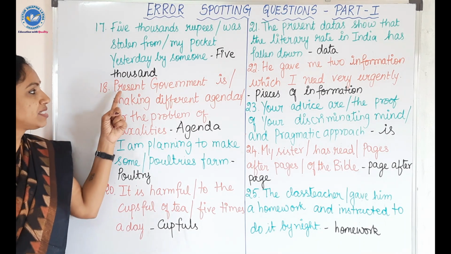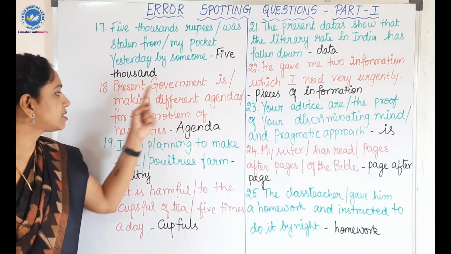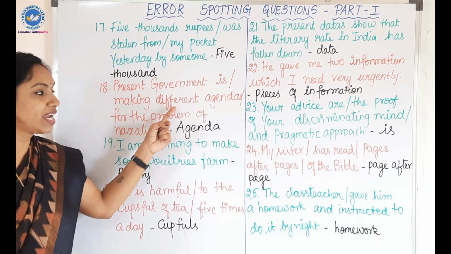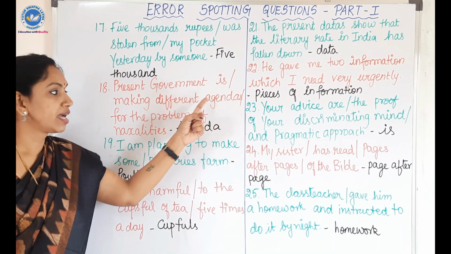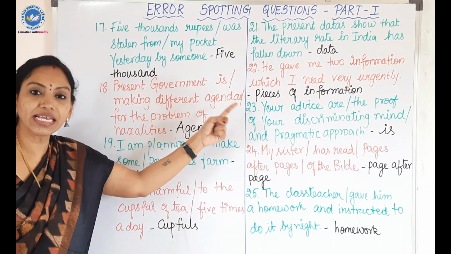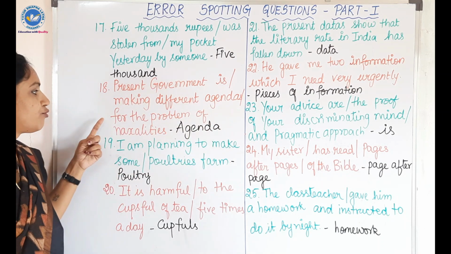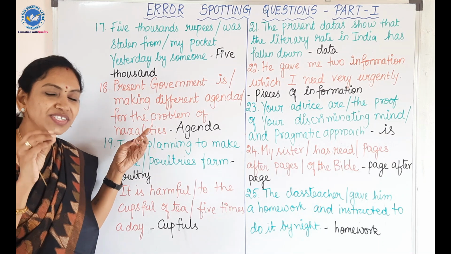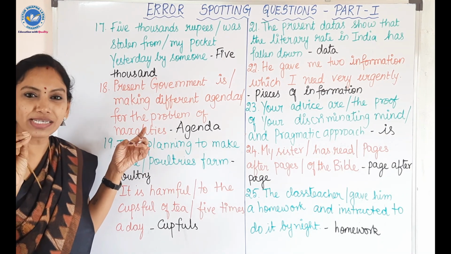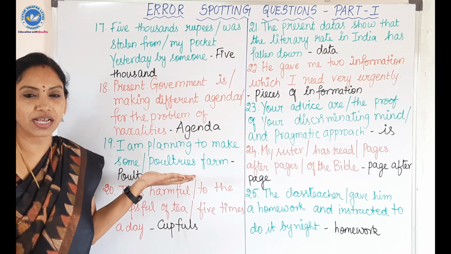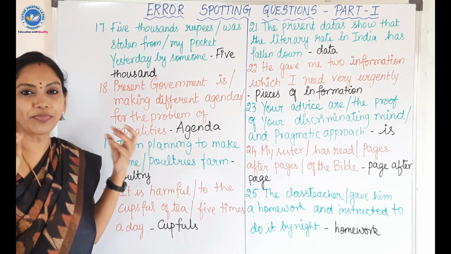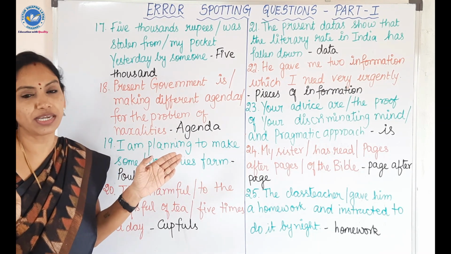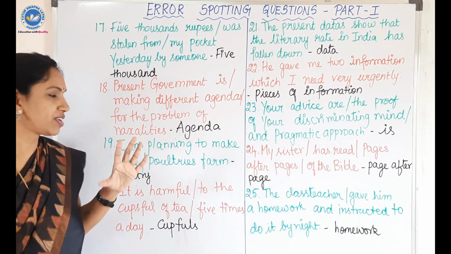Next, present government is making different agendas, for the problem of Naxalites. The sentences which are very easy for you to understand, I am not explaining. The sentences which have slightly complicated words, I am telling you the meaning to save time, my dear friends.